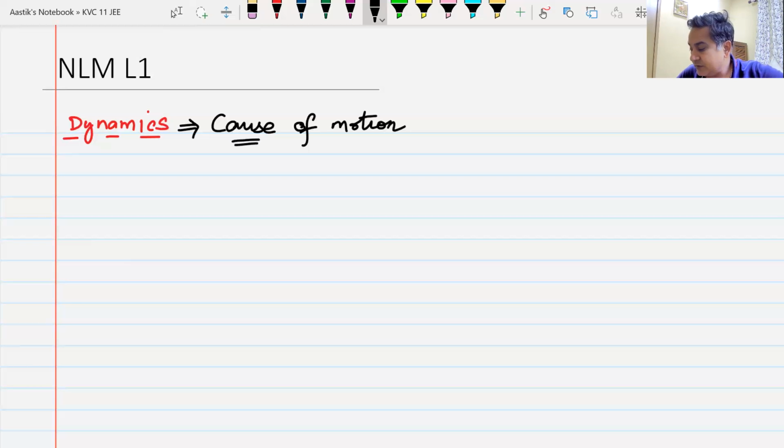And as soon as we move on to this cause of motion, we move on to the next heading, and the next character is force. So basically, this chapter deals with force. Now, before going on to force, we can do a small thing because we might be needing it.